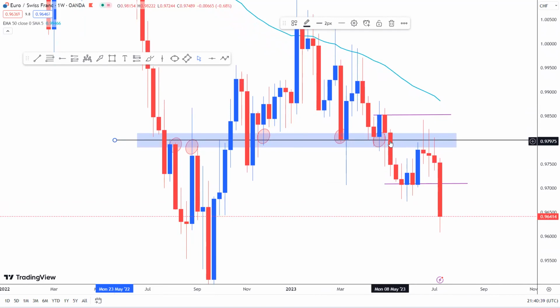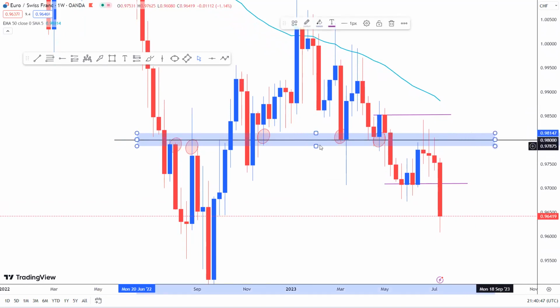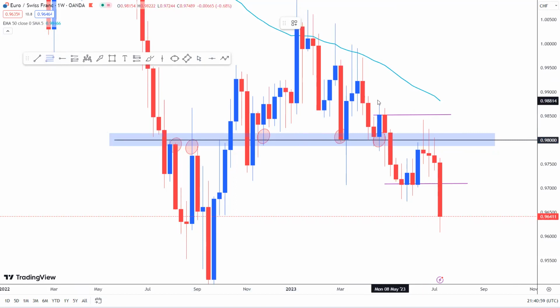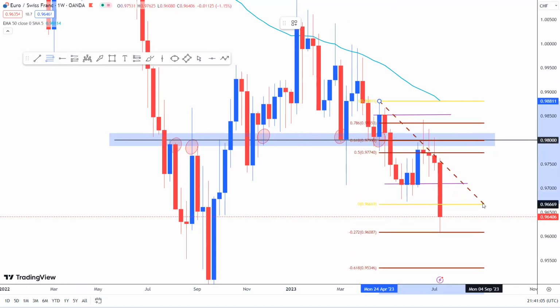And then lastly, just in a bid to gather more confluences as to why my looking to sell from this level is a no-brainer, I would introduce the Fibonacci retracement tool from the previous swing high right here to the most recent swing low.